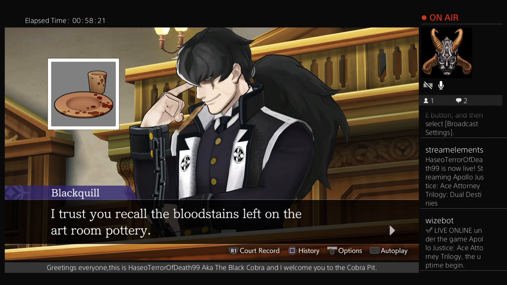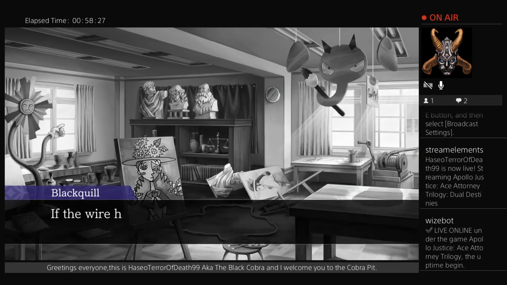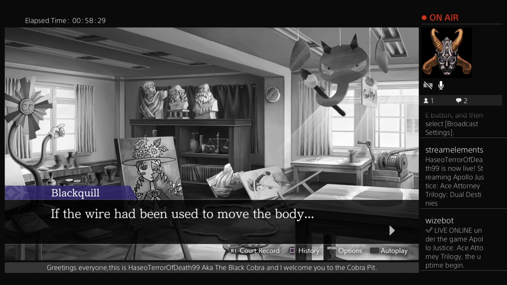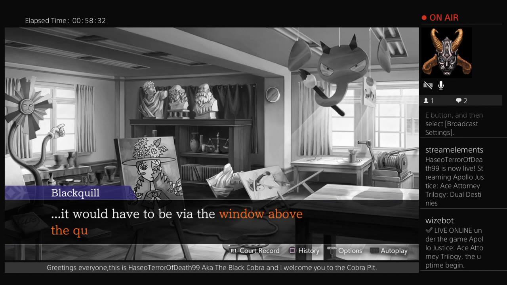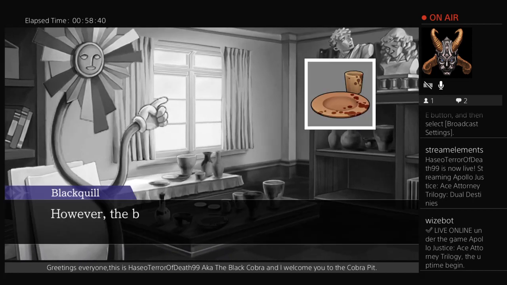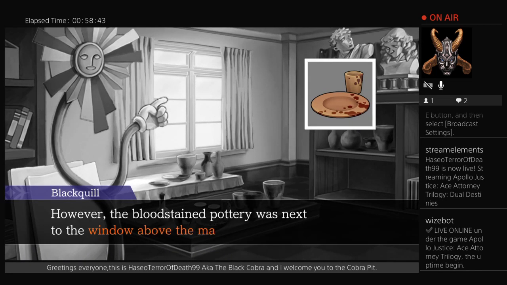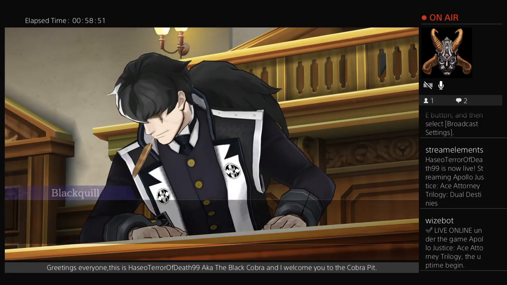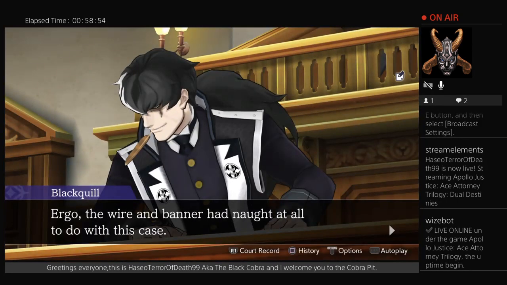I know about the bloodstains on the art room pottery, Prosecutor Blackquill. If the wire had been used to move the body, it would have to be via the window above the quad, the one with the winch. Ergo, the wire and banner had not at all to do with this case.